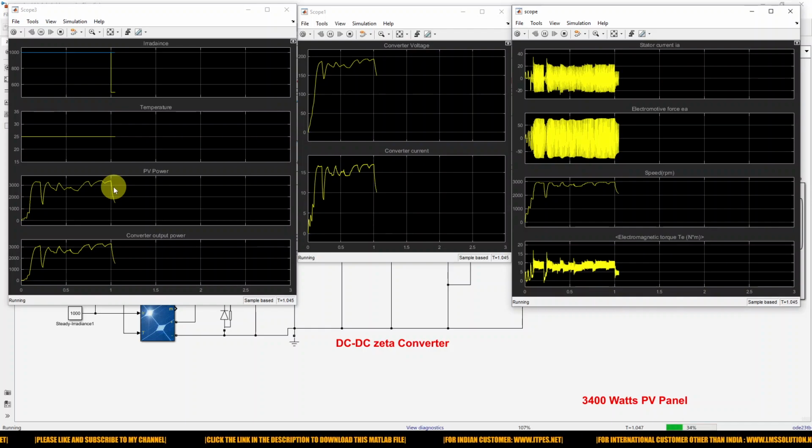Now we can see the power extraction is around 1200.